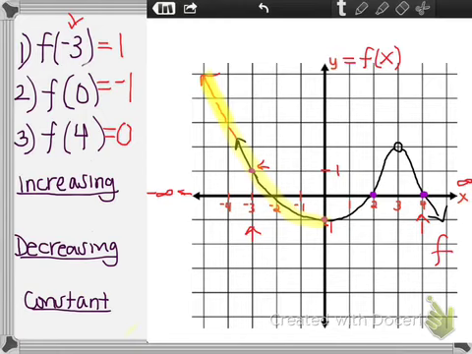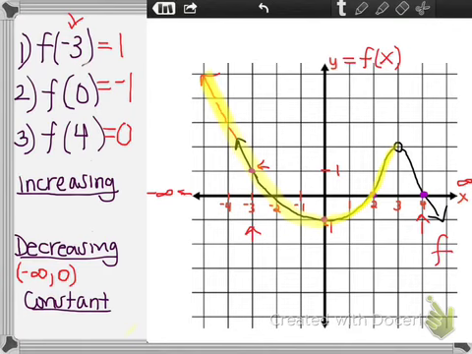It could be in more than one place, but we're just going to go in order. So it's decreasing from -infinity to 0, because remember we're talking about our x values. Then from 0 we're going up, up, up, all the way to 3, we are increasing.